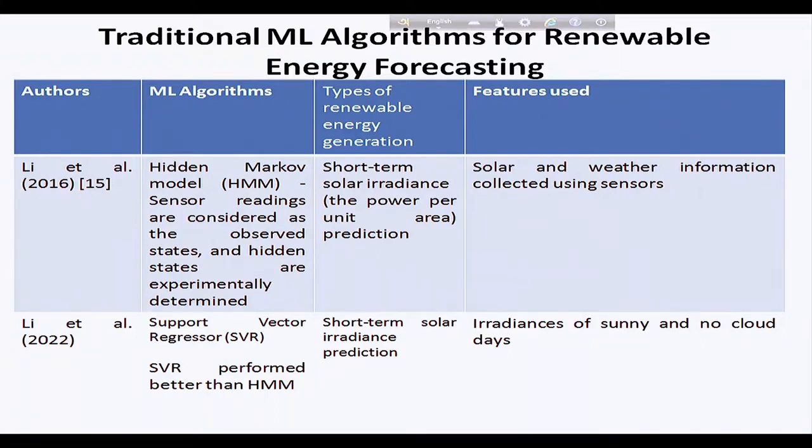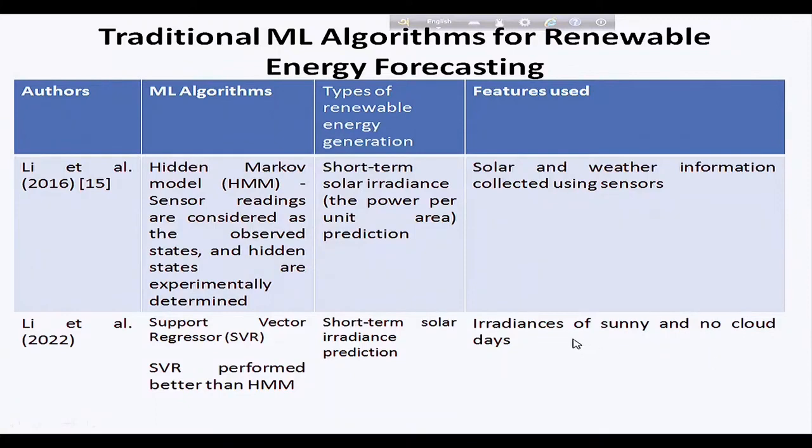The features they used were solar and weather information collected using sensors. They set up different types of sensors, and the sensor output was used as features. In another model from the same research group, in 2022, they used the support vector regressor, another machine learning model, with two types of features: irradiances of sunny and no-cloud days.